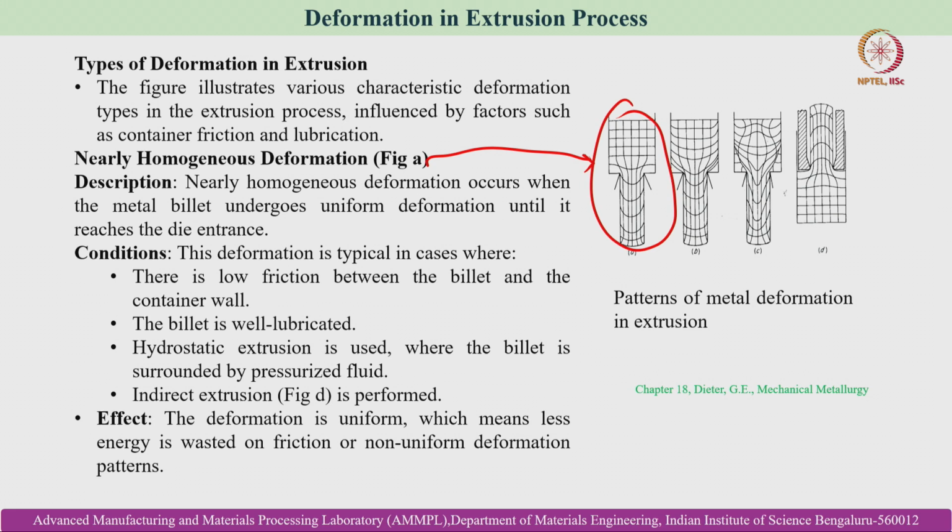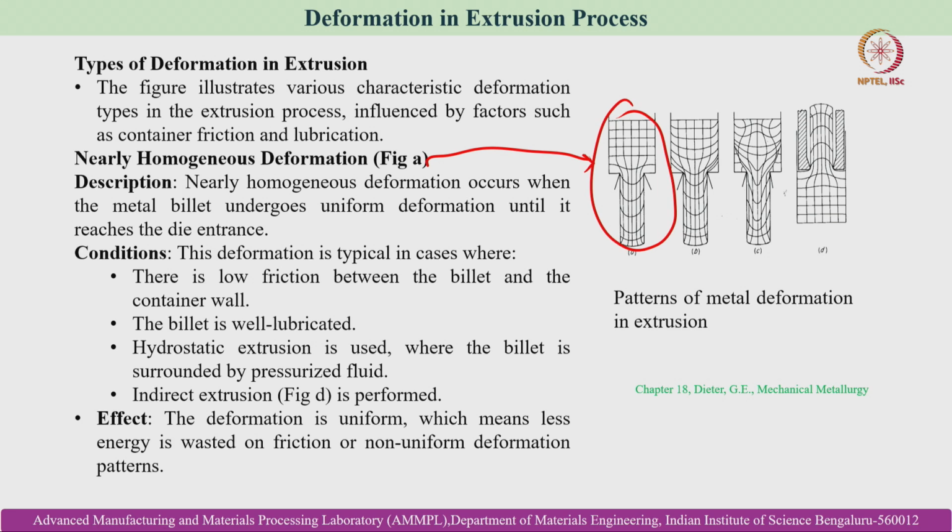As we have discussed in the earlier classes, you need lesser extrusion pressure in case of indirect extrusion, because, as we have discussed earlier, there is no friction at the workpiece billet and the container wall interface, because in case of indirect extrusion it is the pressurizing ram that moves. However, the billet, the workpiece which is undergoing extrusion, remains stationary.